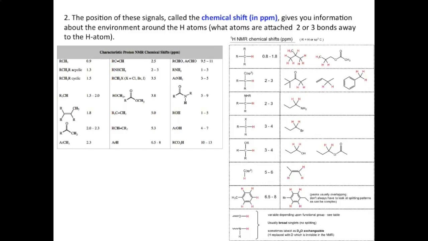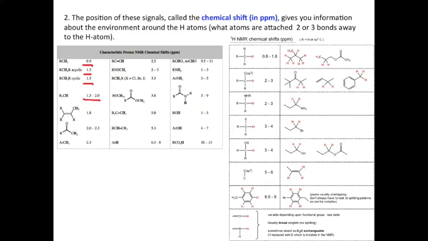What I want to do is go through and convert these as we look. If I look at the first set of signals on the table, I have a methyl group at 0.9. Then we have values of 0.9, 1.3, 1.5, 1.5 to 2.